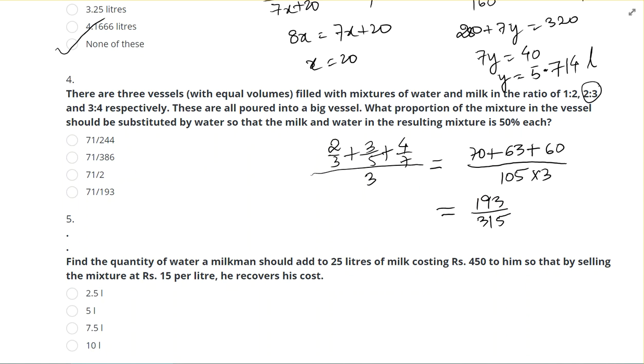So it is 193 by 315. So 193 by 315 is the proportion of milk.